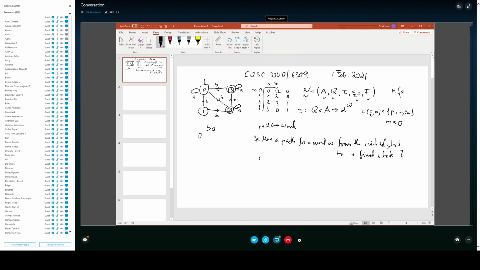And if yes, then W is accepted. If no, W is rejected. So this is quite the same definition as for the deterministic finite automaton.